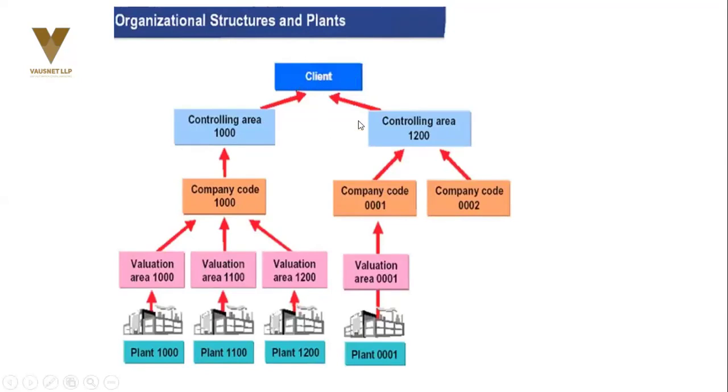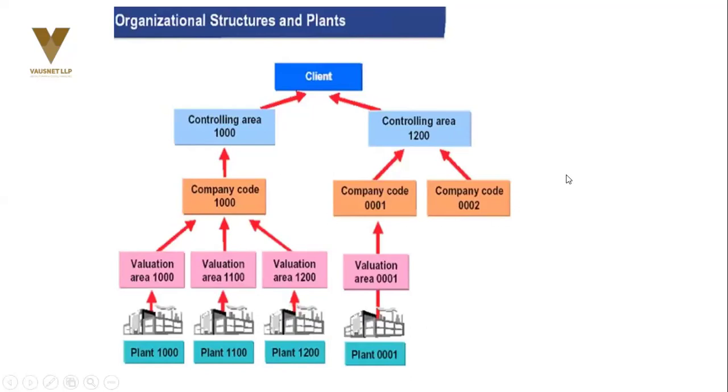Top most level is the client, which is your server, not your customer, but your server. At this level, reporting is the main part at the client top level. Then comes the controlling area, which takes care of profit center accounting, cost center accounting, profitability analysis, and material has quite a lot to do at this level.